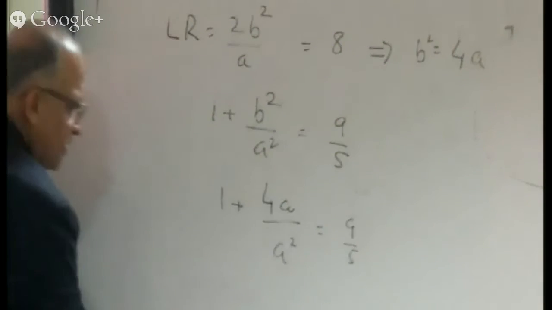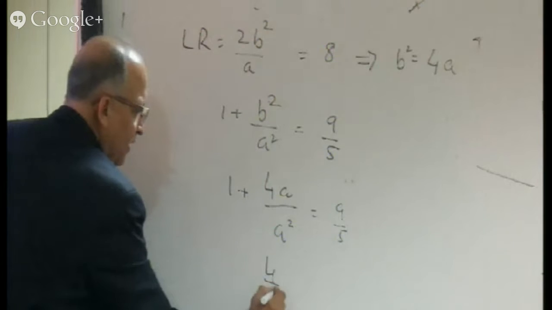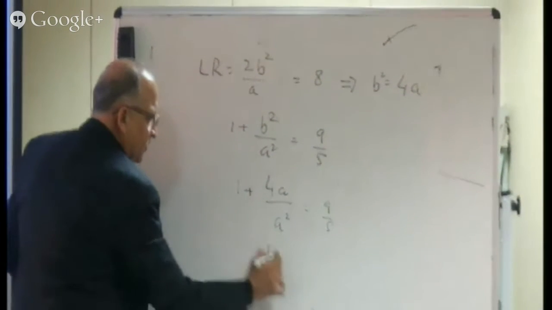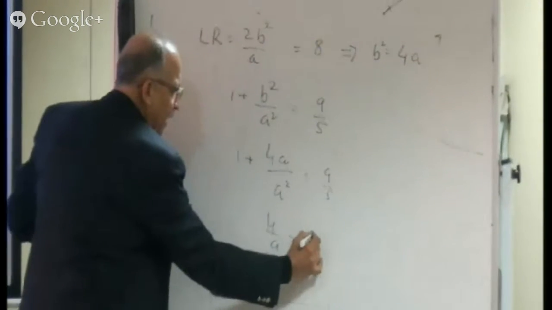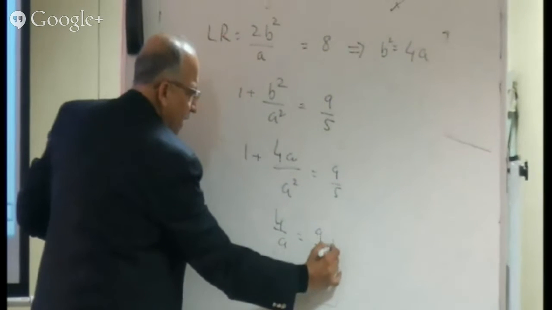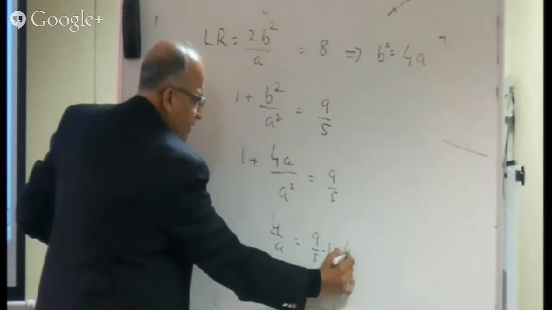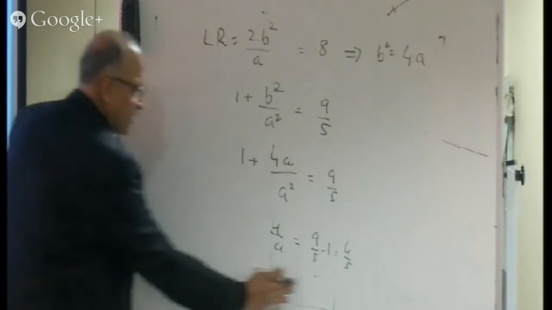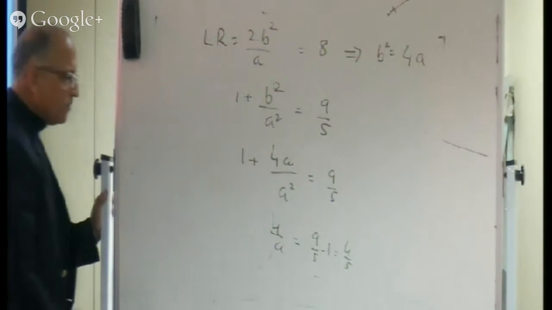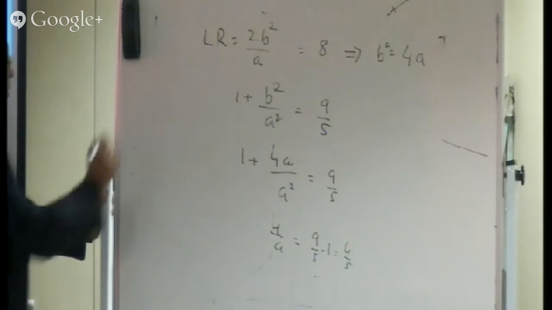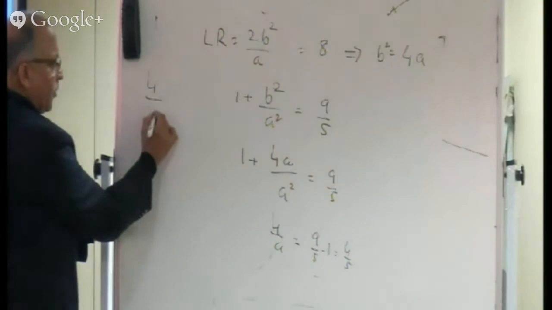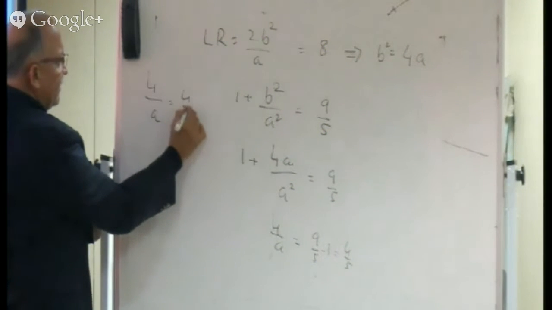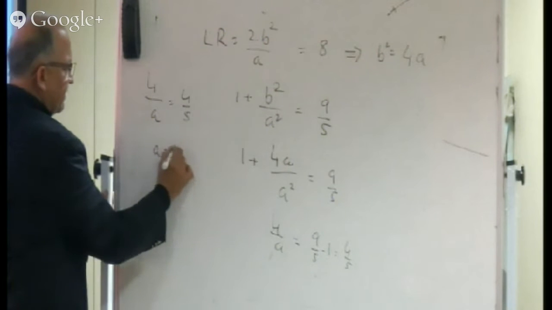That means 4 upon a, this a cancels out with this, is equal to 4 by 5. Because what you have now is 4 by a is 4 by 5. This means a is 5.